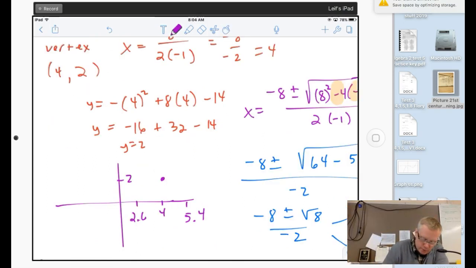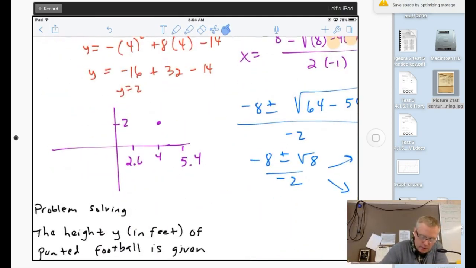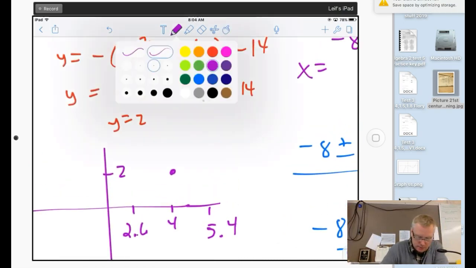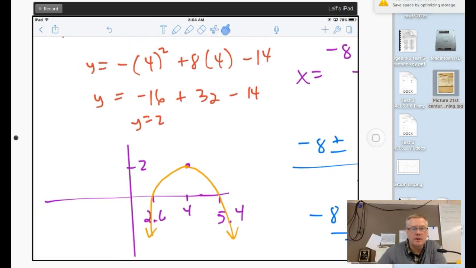Four, 2, so that's a 2, not a 4. And so now I said it's opening down because A was negative. Okay, so I'm starting here, hitting those x-intercepts. And there we go. Okay, and there's your graph.